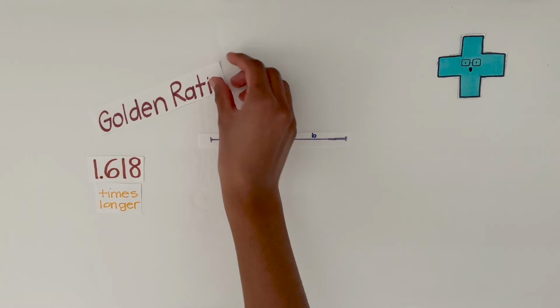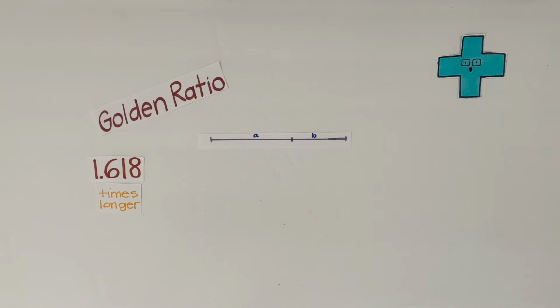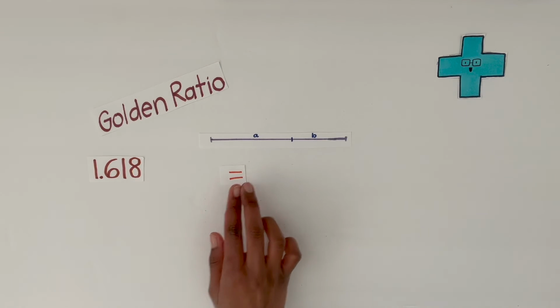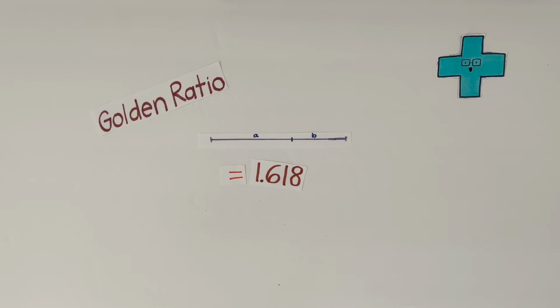You guessed it, the golden ratio. Keep in mind that just for our purposes, we are going to simplify the golden ratio to just 1.618, even though it has an infinite decimal representation. And something interesting about this line is that the proportion of the entire line compared to the length of part A is also 1.618.